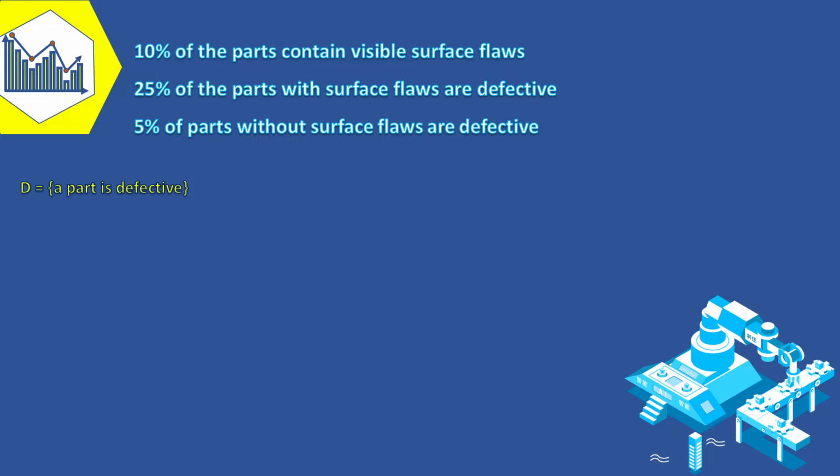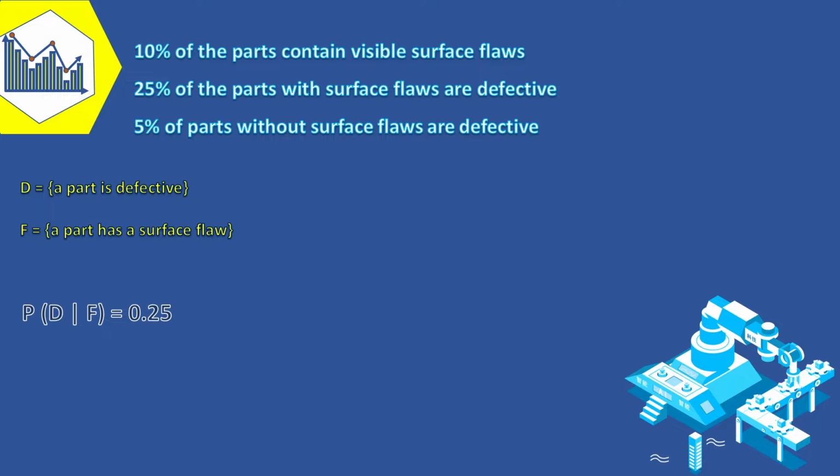Let D denote the event that a part is defective, and let F denote the event that a part has a surface flaw. Then we denote the probability of D given or assuming that a part has a surface flaw as this. Because 25% of the parts with surface flaws are defective, our conclusion can be stated as the probability of D given F equals 0.25.